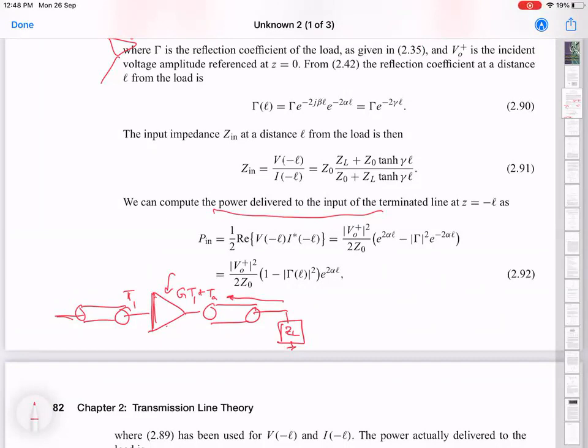Most amplifiers are unidirectional. In fact, this is a property required: it should provide gain in one direction and allow no transmission in the other direction. So the signal is never going to cross the amplifier. So you cannot measure your reflection coefficient at this point. You need a path where the signal can propagate in both directions to do that. And that's why if you have a very attenuating line, you cannot.